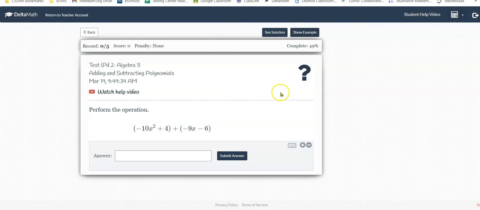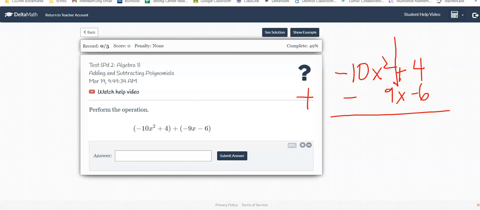Adding and subtracting polynomials is a fancy word for combining like terms. So I'm going to add here negative 10x squared plus 4. I like to line mine up vertically, so I'm going to add negative 9x, which is not alike with x squared, and then minus 6. Notice I kind of shoved him here in the middle, because your answer should be in descending order, or standard form.